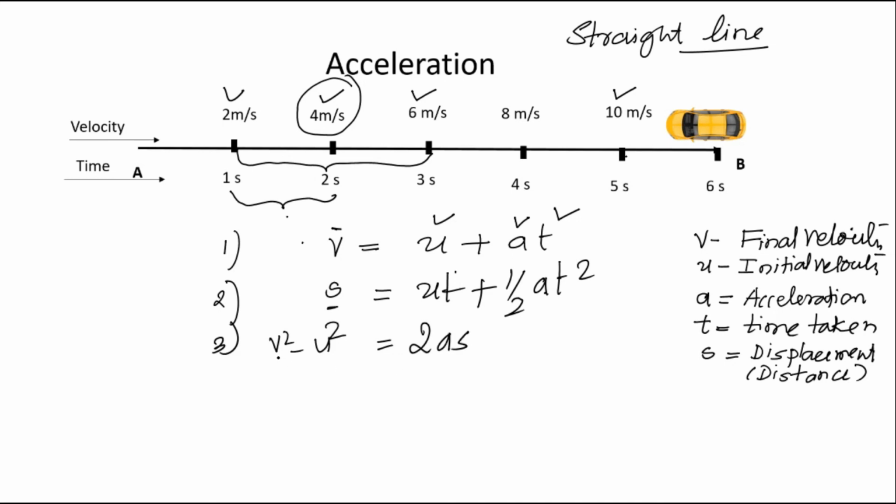Now here, what are the letters which are used? v, final velocity here, u, initial velocity, a, acceleration, and then t is not there but s is there, which is nothing but either distance or displacement.